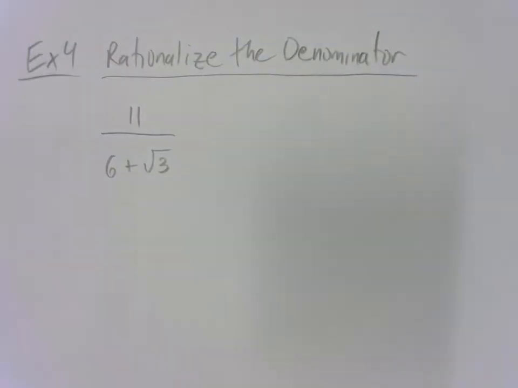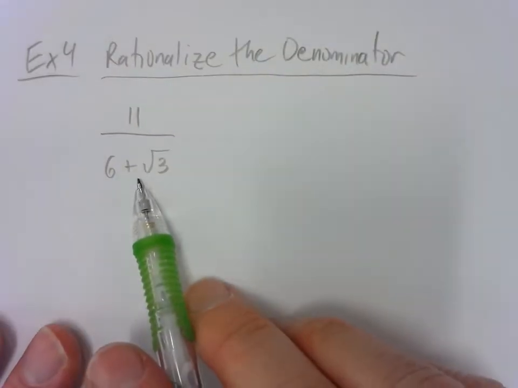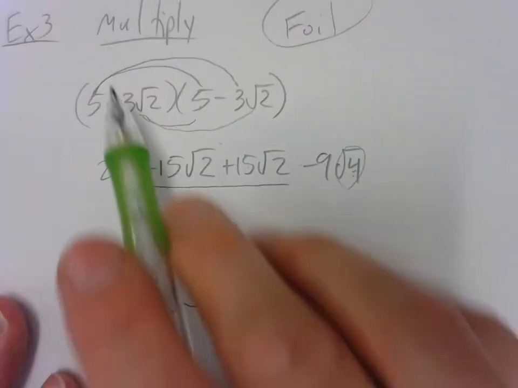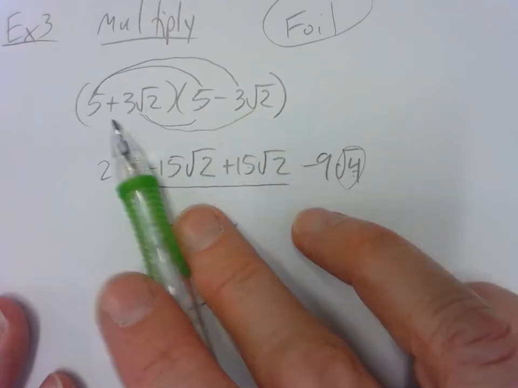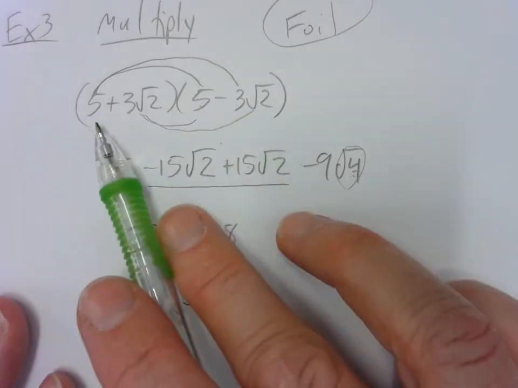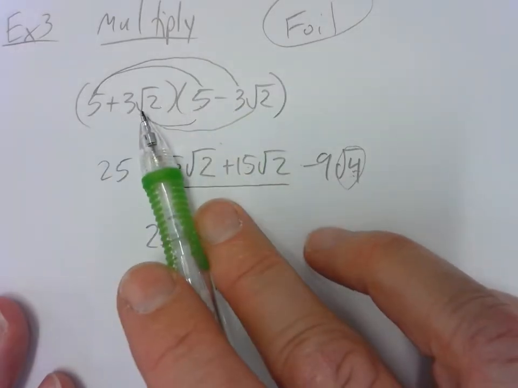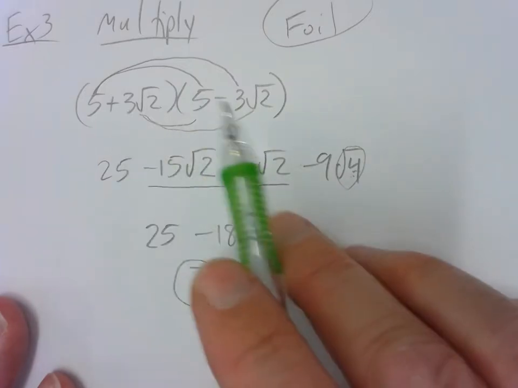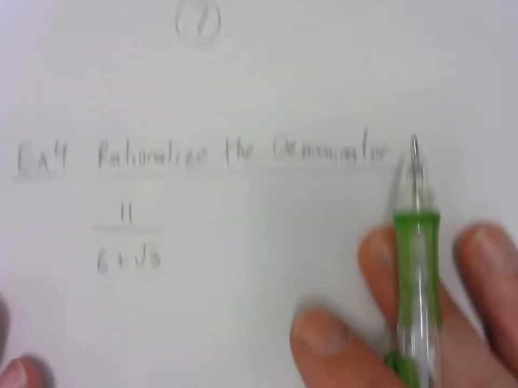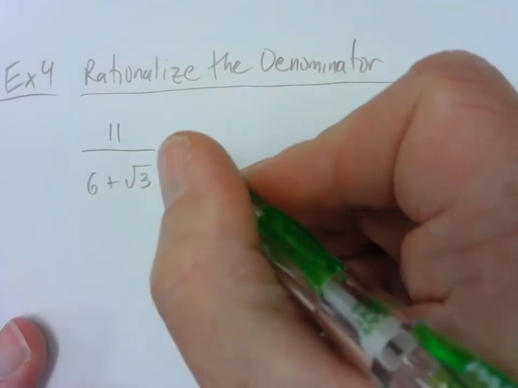How am I going to get rid of it? Well, I'm going to multiply by 1, a fancy 1, but it's going to be 1 nonetheless, and that 1 is going to look kind of like the opposite from here, like how this is 5 and 5, and this is 3 radical 2 and 3 radical 2, plus and minus. So what I'm going to do is I'm going to pick a fraction out here.